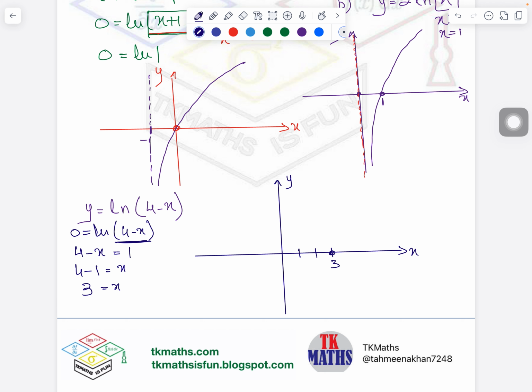And for the vertical asymptote, you will put this function greater than 0. So now I will do 4 minus x greater than 0. 4 is greater than x, or in other words I can say x is less than 4. So it means at 4 I have an asymptote.